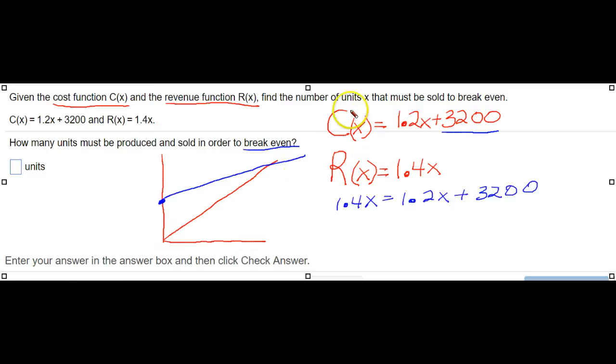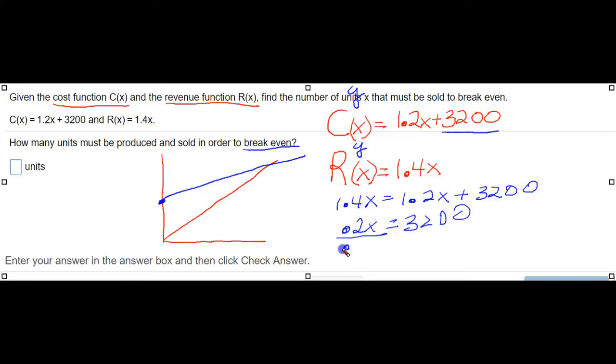We often say that you could substitute the letter Y for function notation. So in a sense we're saying Y is this and Y is that. So we're saying now Y equals Y. Now we solve this equation, subtract this from both sides, and we get 0.2x equals 3200.